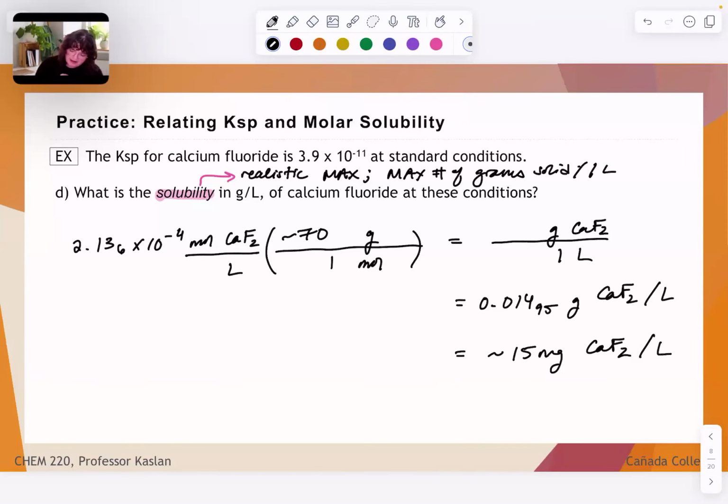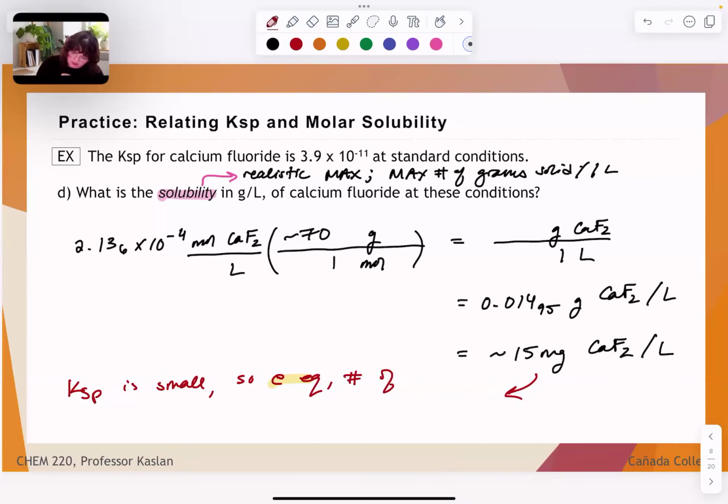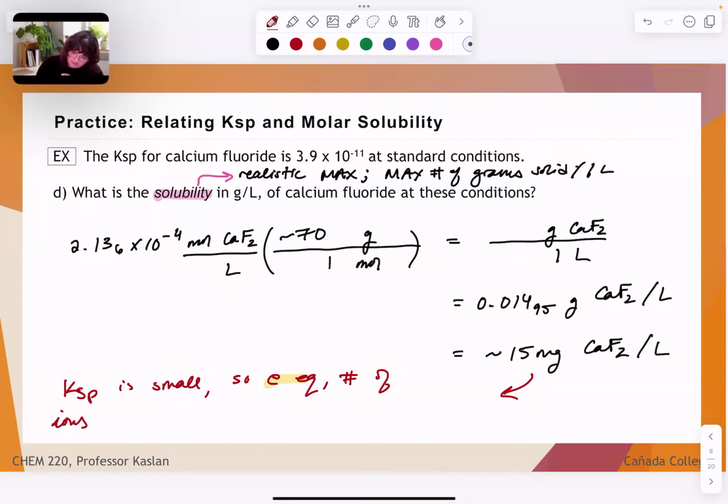And again, is this something that's rational? Yeah, I think this is something that we can make sense of because we know that KSP is small. So at equilibrium, or at our saturation point, the number of ions in solution is small.